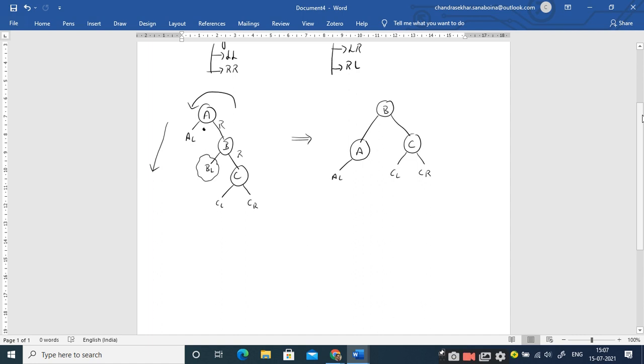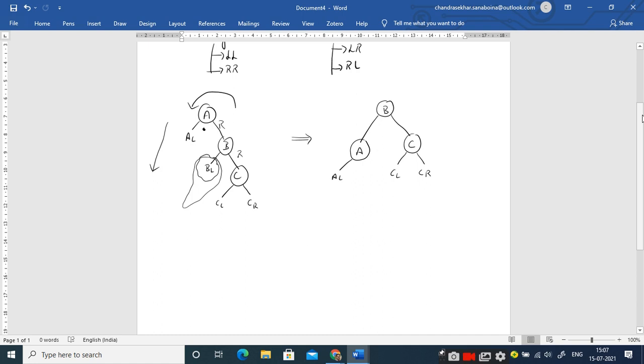But the logic here is: consider this BL, which is a subtree. What is the order of this BL? Are the elements greater than A or less than A?